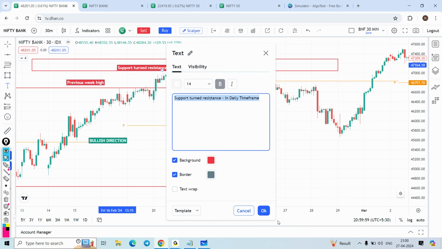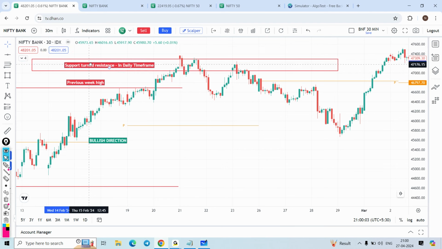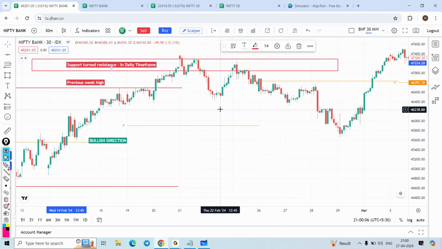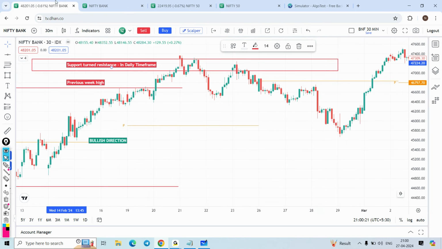I repeat, the bigger the time frame level, the stronger it can be. Fine and fair. Understood? Yes, no in the chat box quickly. Right, this is the area I plotted, the support turned resistance area, and price is trying to go to that area.